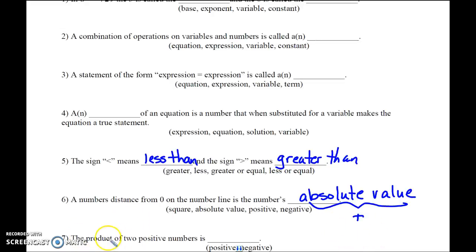Number 7, the product of two positive numbers. Product means you're multiplying. So if I take a positive number and multiply it by another positive number, I get what? Yeah, I get a positive number. The product of two positive numbers is positive.